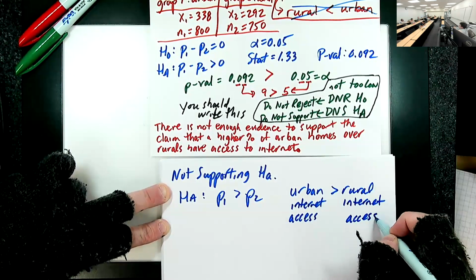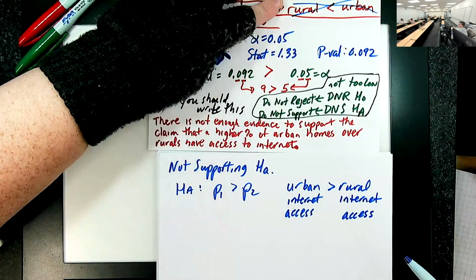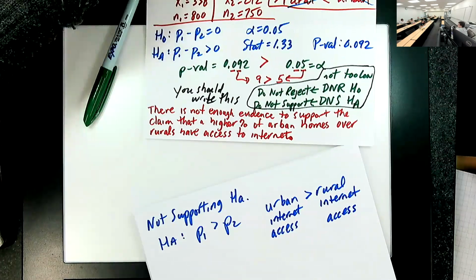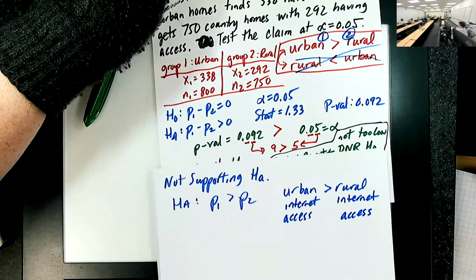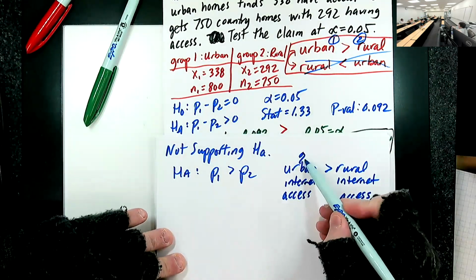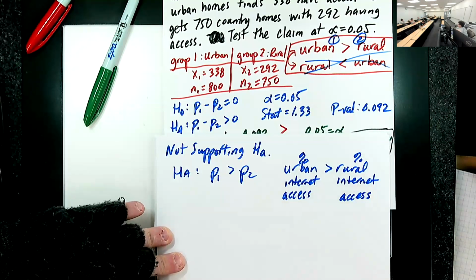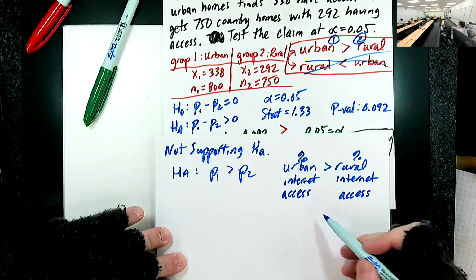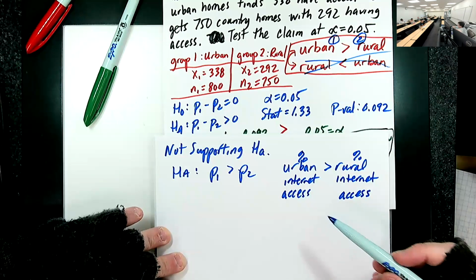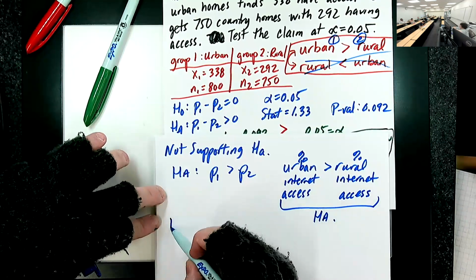In fact, I could specify that a little better up above. I was trying to be a little chintzy, writing as little as I could when I wrote urban greater than rural. But if I put percent of urban internet access versus percent of rural internet access, then when I go back and look at it later I can see this is my HA. This is the one we aren't supporting.